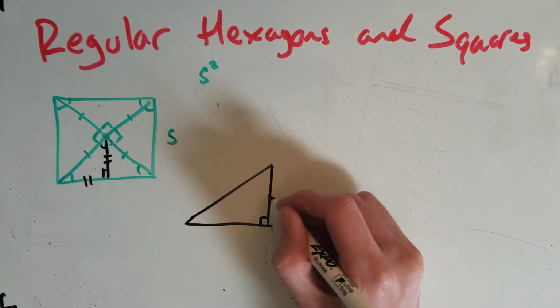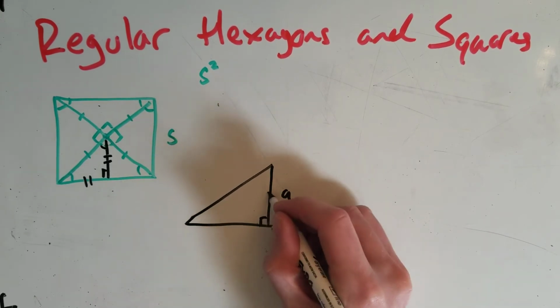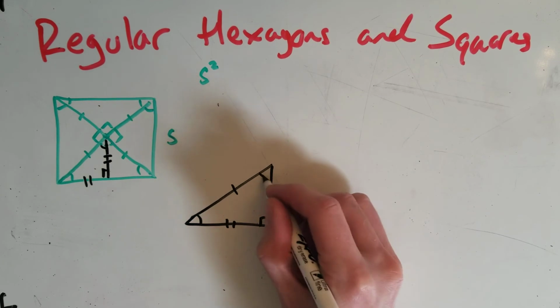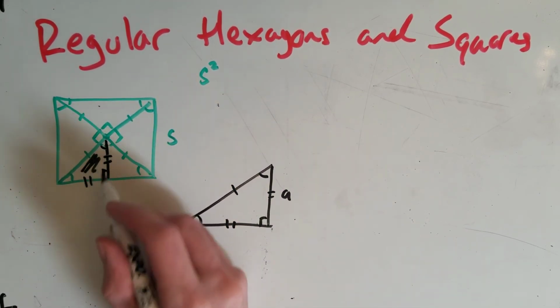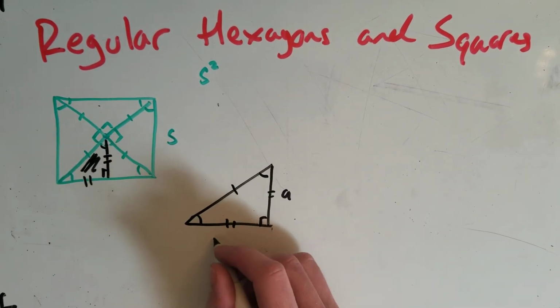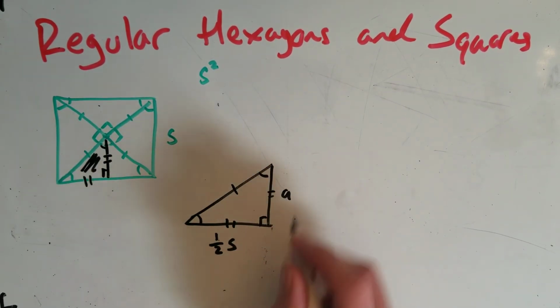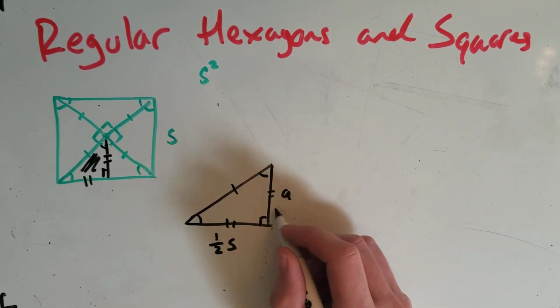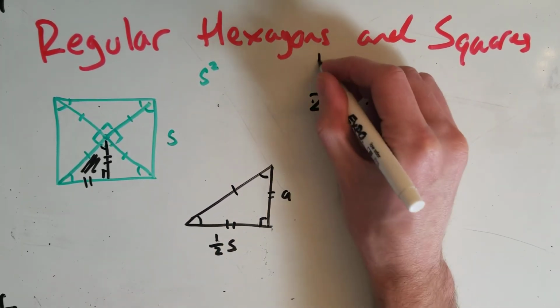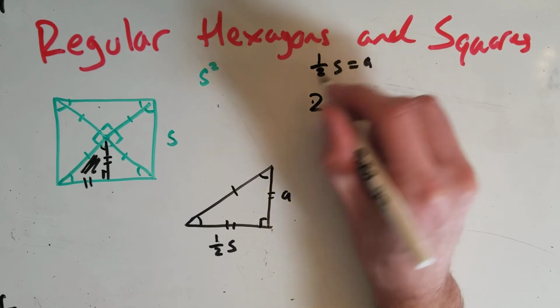You're going to know this is A, and these are your 45-degree angles. This little triangle right here, you've kind of taken and put right here. And this little length on the bottom would be 1/2 the side. So the relationship between the apothem and the side is that 2 times the apothem equals the side, or 1/2 the side equals the apothem.